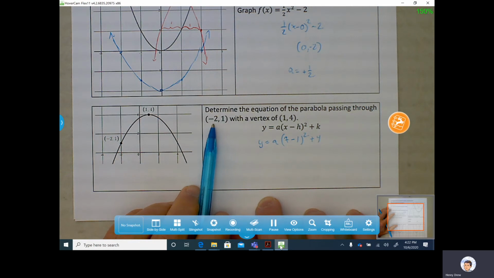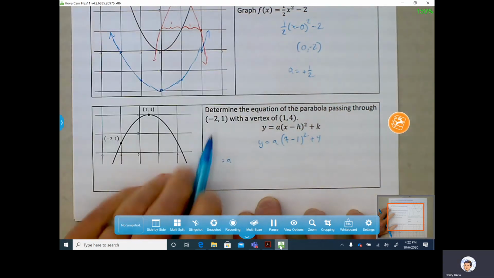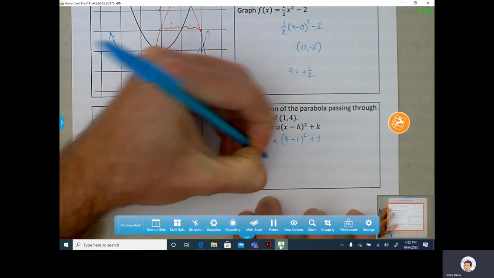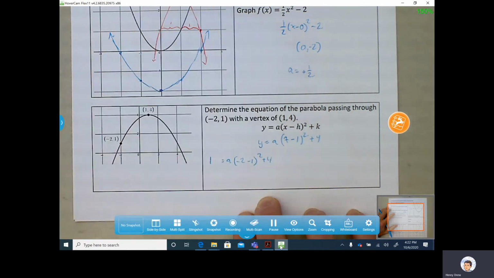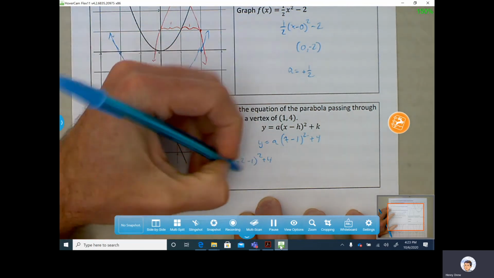It passes through the point negative 2, 1. 1 is our y value. Negative 2 is our x. And so we should be able to plug those in. And now the only unknown is A. Negative 2 minus 1 is negative 3. Negative 3 squared is 9.